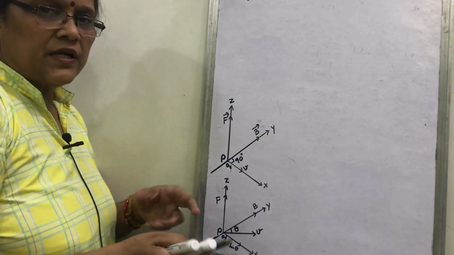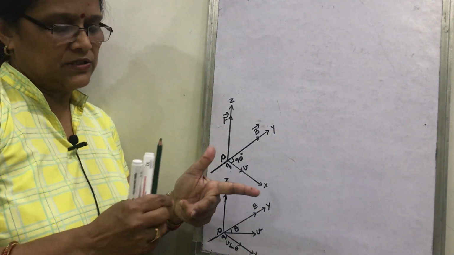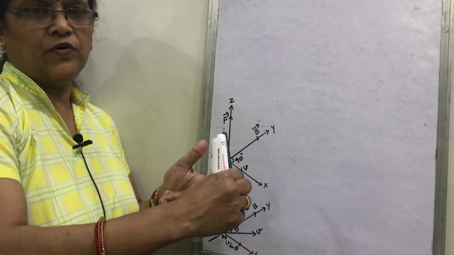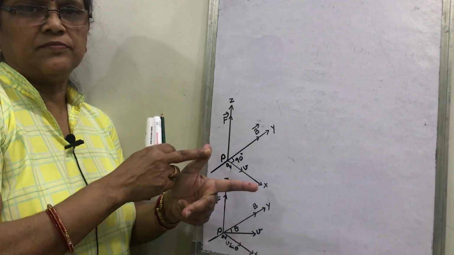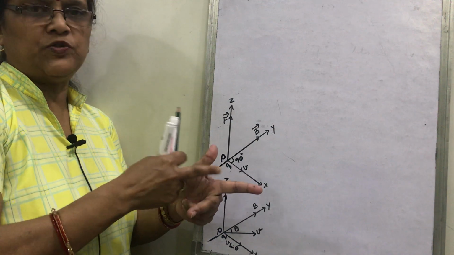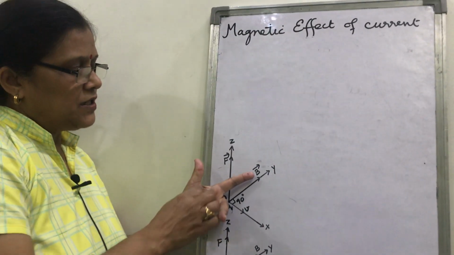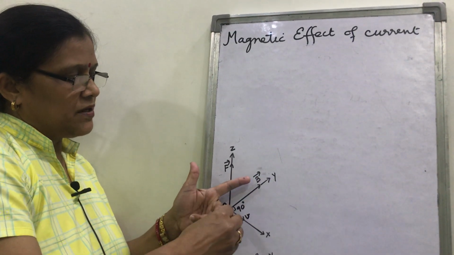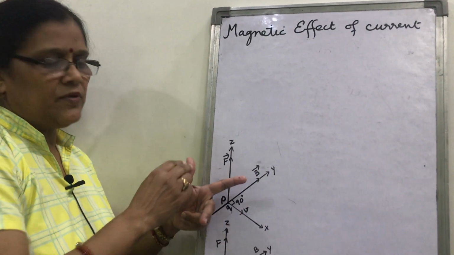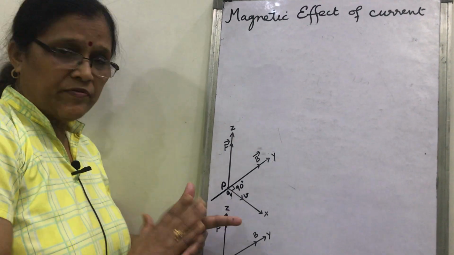How can you get three axes in your hand? This is the forefinger, middle finger and thumb. Look, these are all mutually perpendicular. So you have to use it.